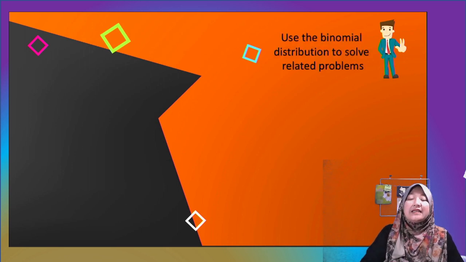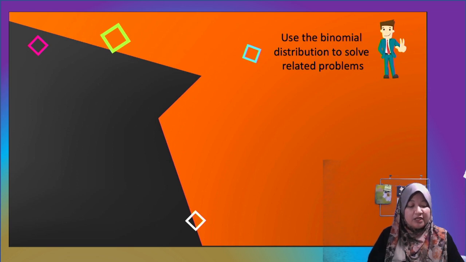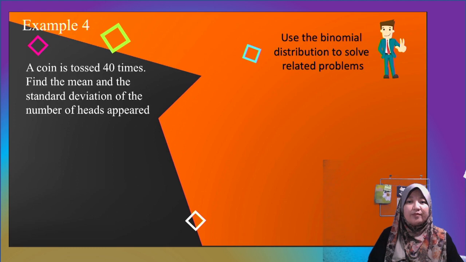Okay, this one for third objective. Okay, third objective, use the binomial distribution to solve related problems. Kita tengok contoh yang pertama, example 4 for this subtopic. A coin is tossed 40 times. Find the mean and the standard deviation of the number of heads appeared.